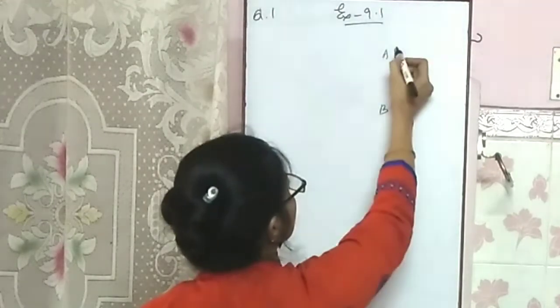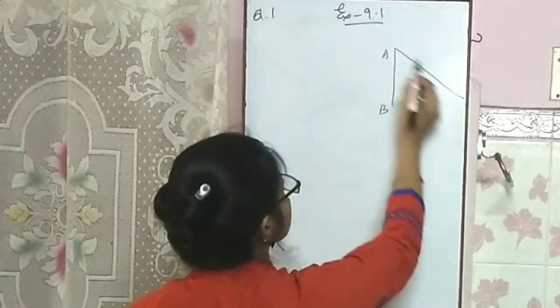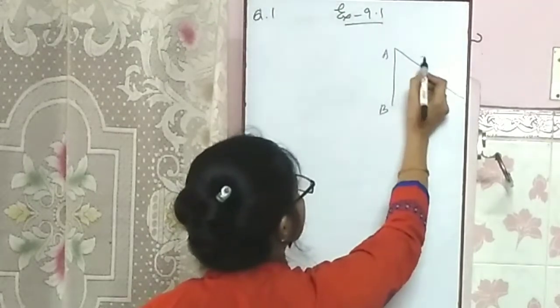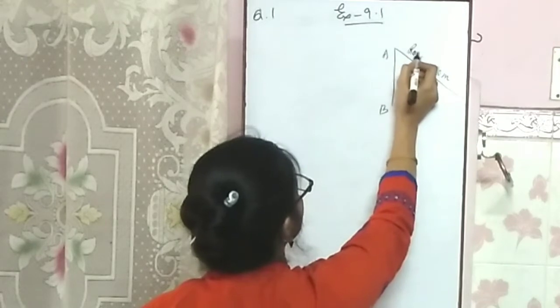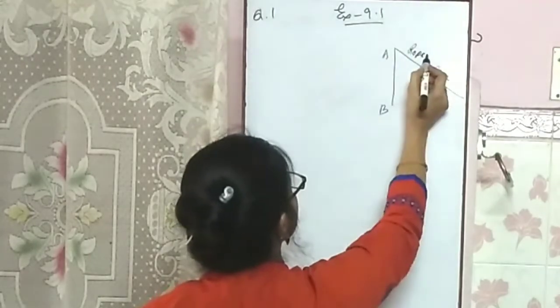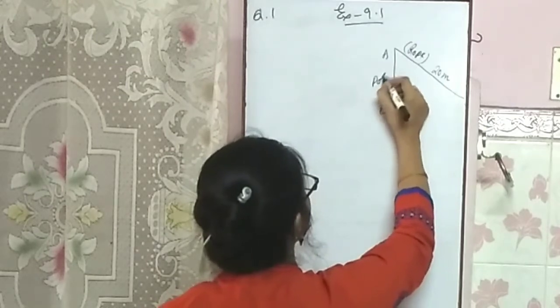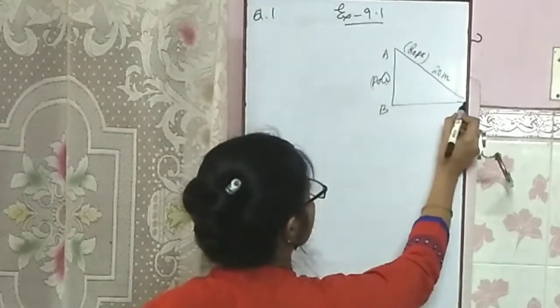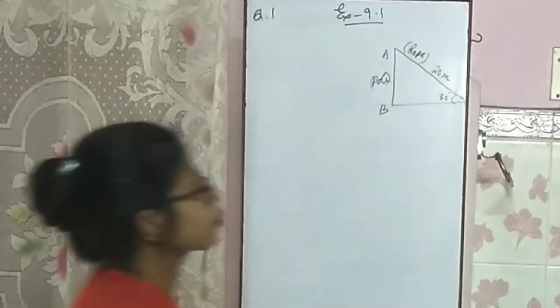Say it is the vertical pole. Here is a rope which is tightly stretched at the point A, and it's 20 meters. This is a rope and it is the pole. And it has made 30 degrees with the base.